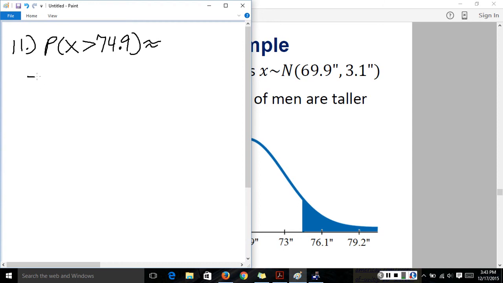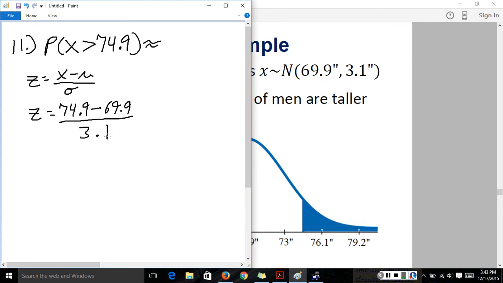First thing I've got to do if I'm using the table is find the z-score. Here's the formula for that. Substitute in and solve. X would be 74.9. That's the number I'm interested in. Subtract the mean, divide by the standard deviation.